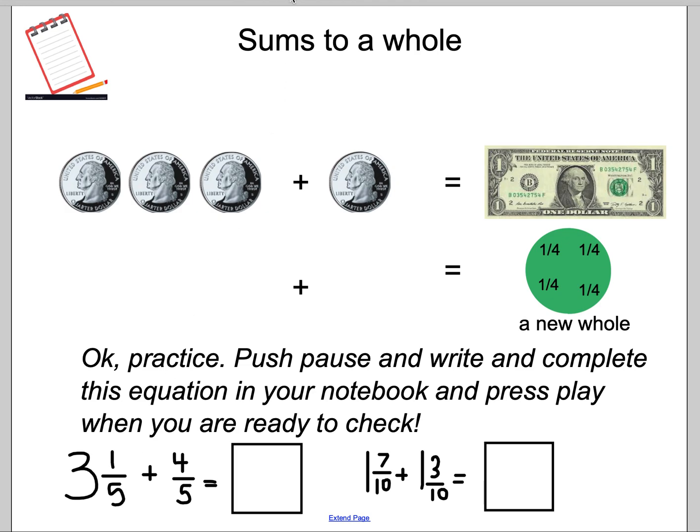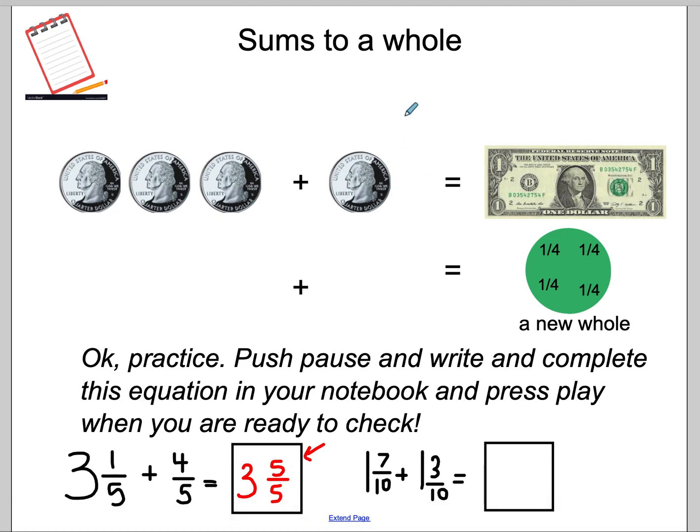All right, so hopefully you finished these 2 problems in your notebook. Hopefully you did them neatly. So let's go ahead and do the fractions first. 1/5 plus 4/5 is 5/5. And then 3 plus nothing here in the whole number gets us 3 and 5/5. But do you see something there? 3 and 5/5 is correct, but you know what?